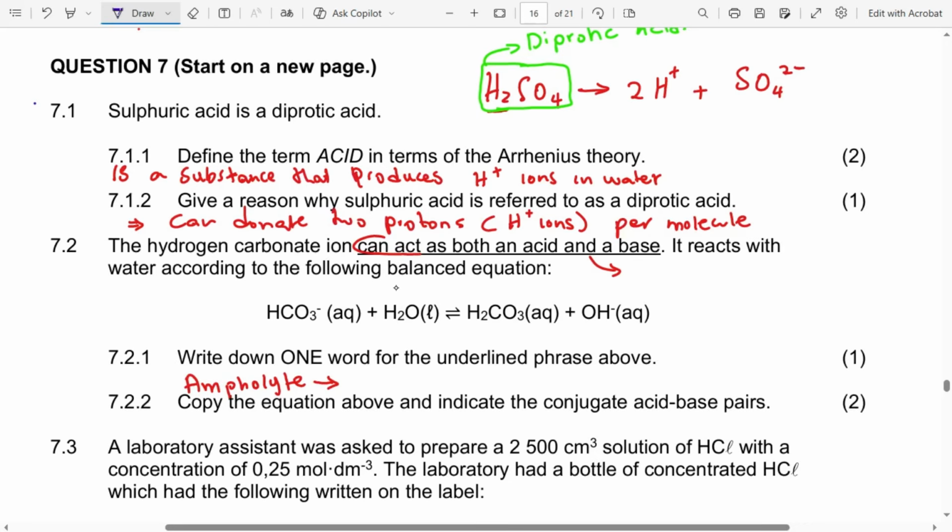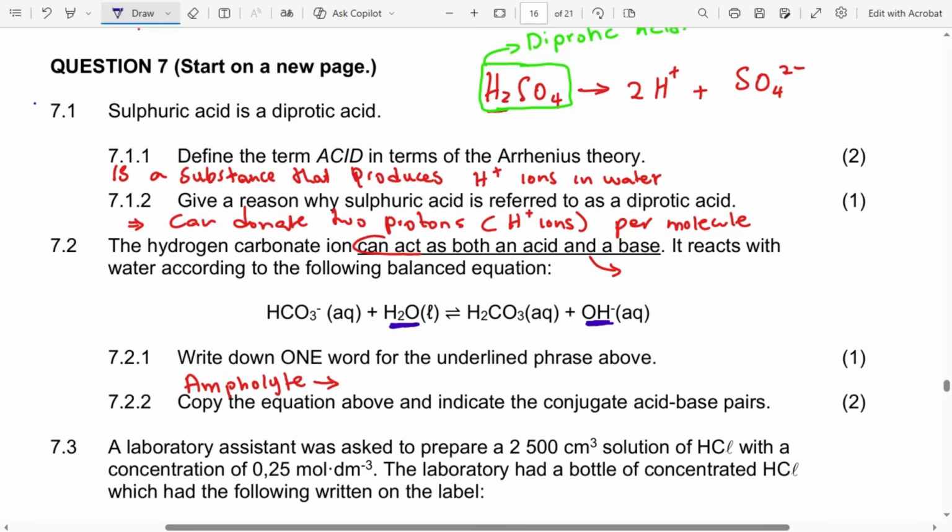Look at the molecule that loses H plus. How are you going to find that? Look at this. The water starts with H2 and then it loses the H, it becomes OH minus. So these two will go together.